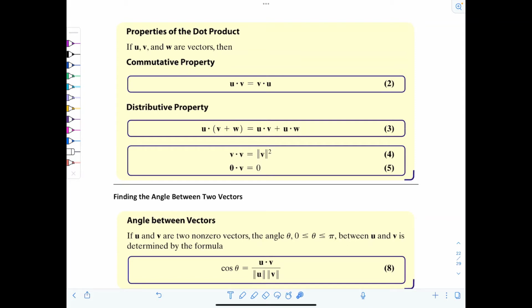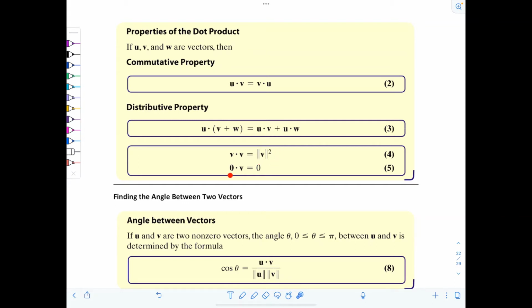Then we have the distributive property. U dotted with the sum of two vectors V plus W is equal to U dot V plus U dot W. This is nice. And then property 4, which we just noticed: if you dot a vector with itself, it's equal to the magnitude squared. Ooh la la.